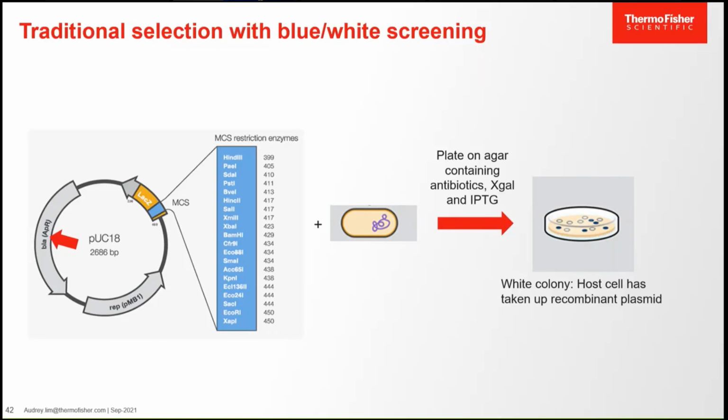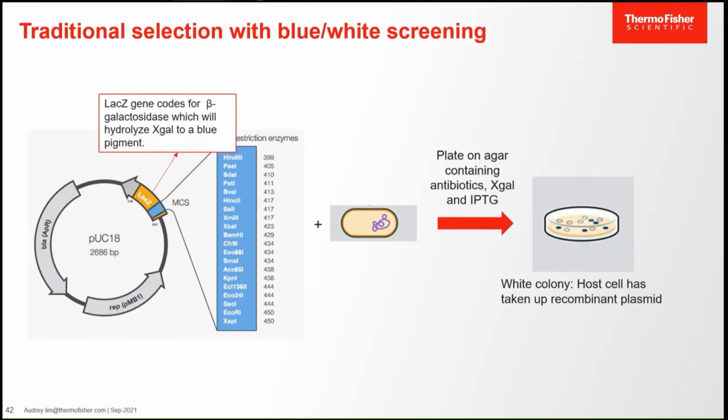In blue-white screening, the cloning site in the vector is within the lacZ gene, which codes for beta-galactosidase. So if the vector recircularizes, the lacZ gene will express and hydrolyze the X-gal to a blue pigment. So this will appear as blue colonies on the plate.